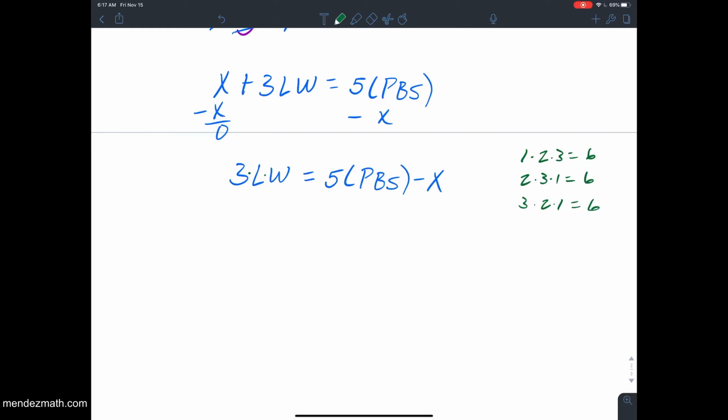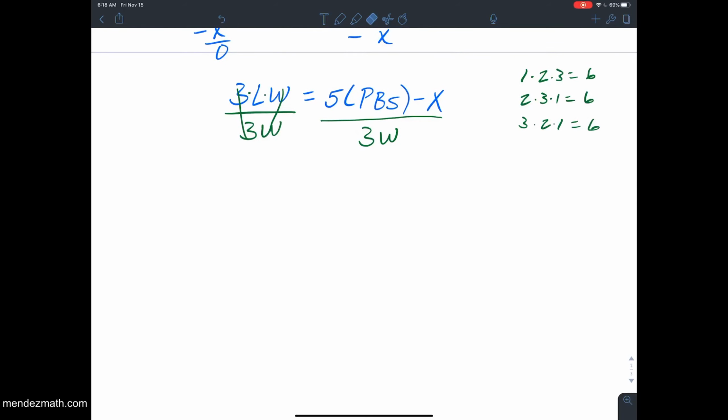Order doesn't matter. Okay? So the opposite operation of multiplication is division. So we're going to divide by what we want to get rid of, which is the 3 and the W, and we're going to divide this whole thing by 3 and by W.